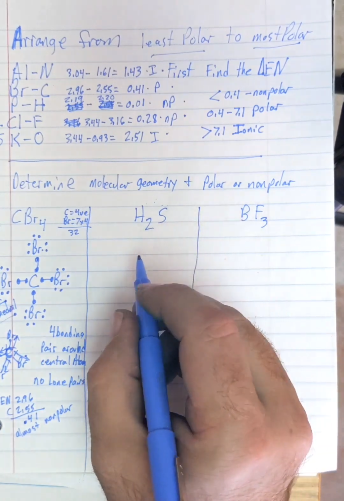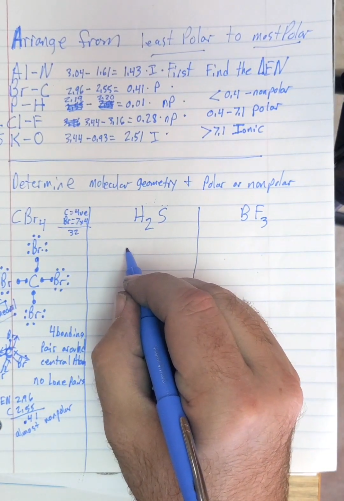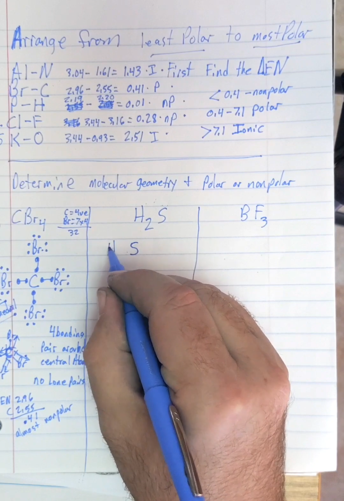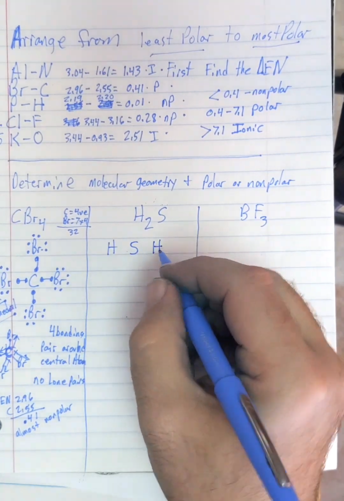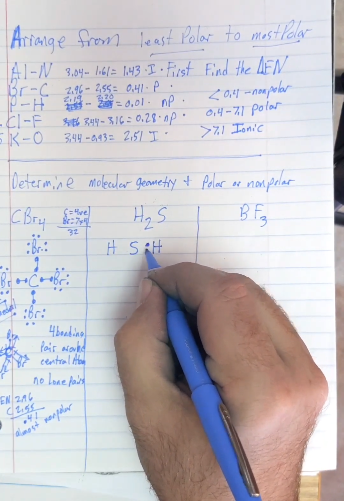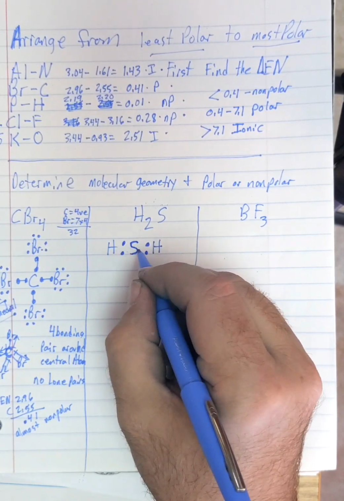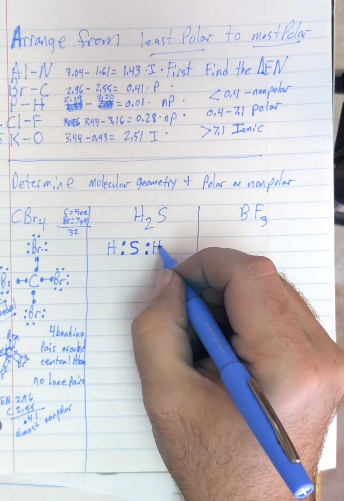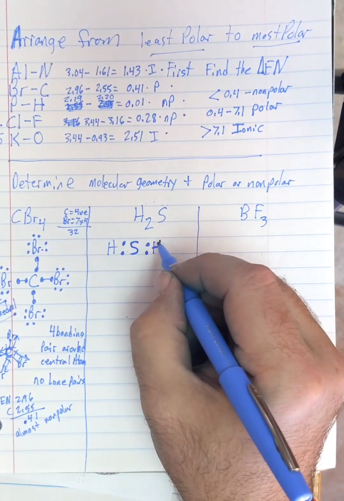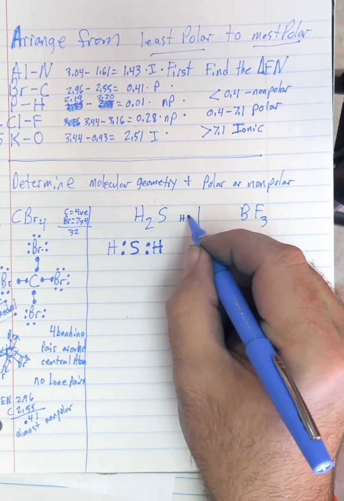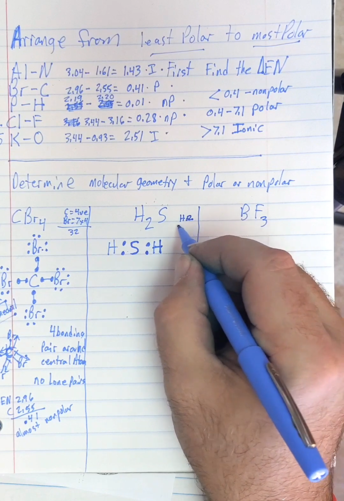All right, moving on to dihydrogen sulfide. We know sulfur is going to be on the inside and the hydrogens are always on the outside. We also know that hydrogen can only make one covalent bond, so we put one pair between each hydrogen and the sulfur. Now let's do some math.